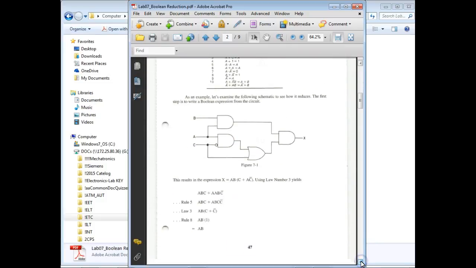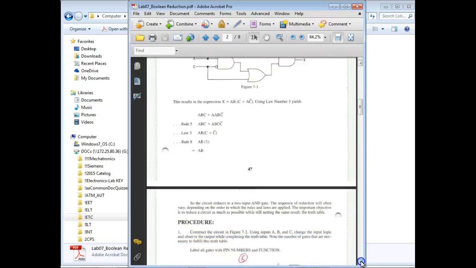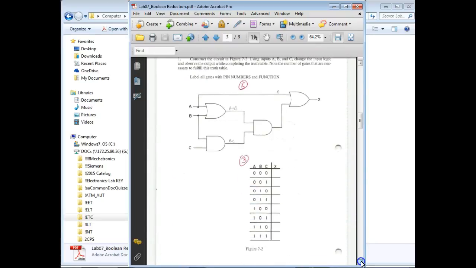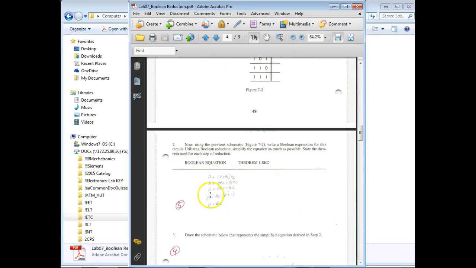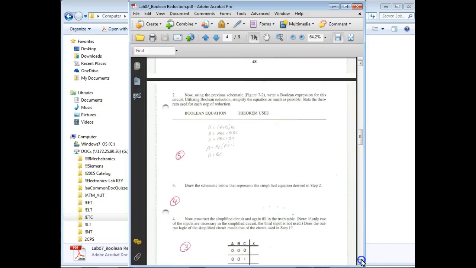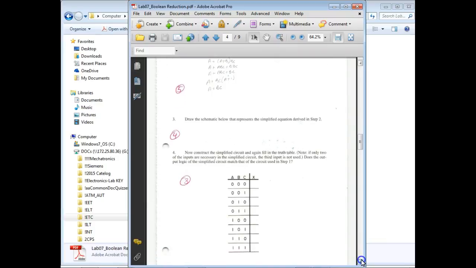But see, here's a circuit, and then what they do is reduce it down. Here are the procedures. That's the circuit you wire up, and see what I've done? I've reduced it down for you, right? Then you're going to draw the circuit, and you should come up with the same truth table you got for the full circuit.